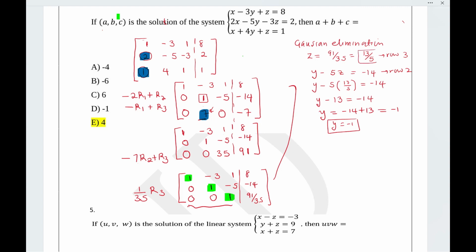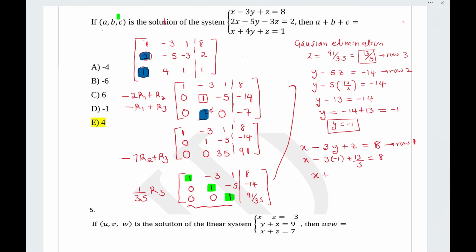Z is this one. Then you go back to the first row, you will see that you have x minus 3y plus z is equal to 8. This is coming from row 1. And now this is x minus 3 times minus 1 plus z, which is 13 over 5, all is equal to 8.